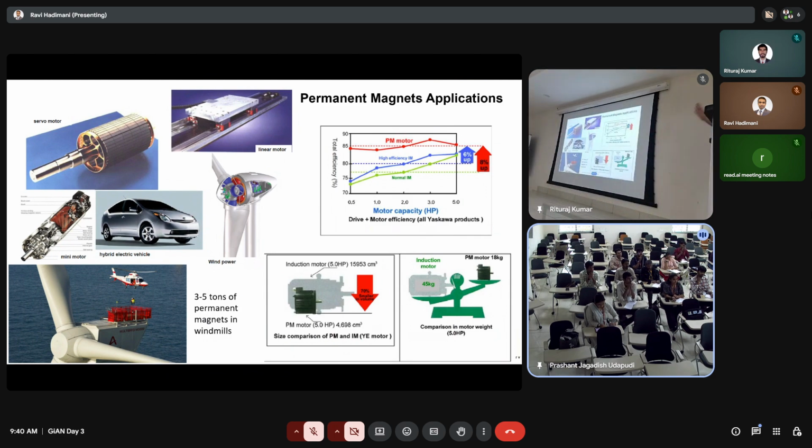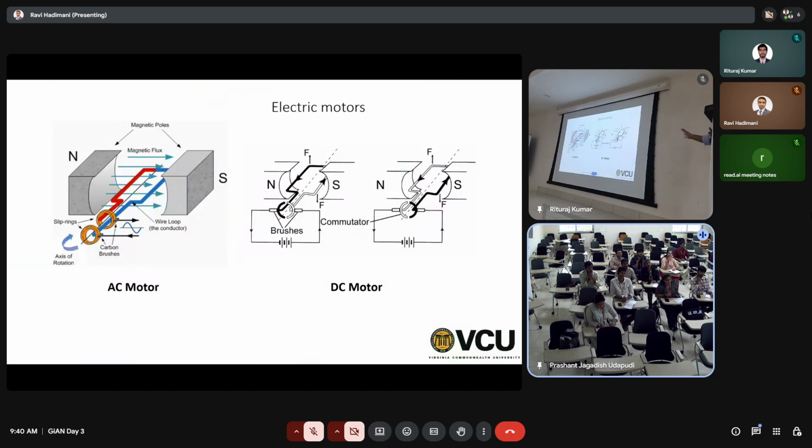Those are some of the applications in motors. But this is normally what I teach in mechatronics. So this is the basic principle of how motors work by Faraday's law of induction. This is a permanent magnet motor, not an induction motor. Here you have permanent magnets, and here there is a winding coil, usually copper winding.